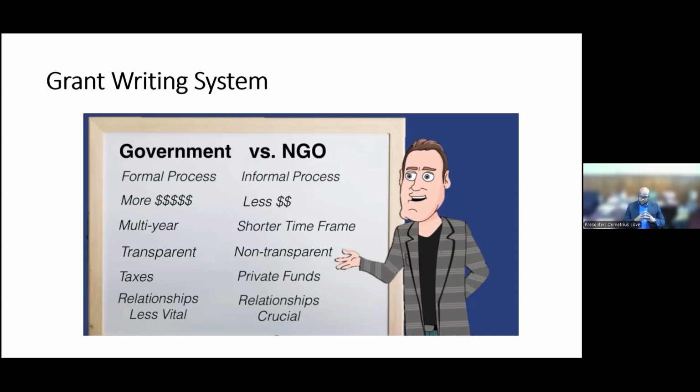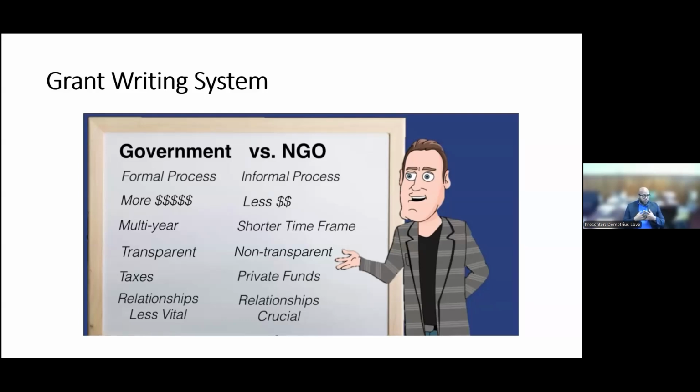That's because the government is very transparent. But when you're dealing with the private sector, they have a lot more say-so in how they want to handle their grants, so it may not be as transparent. Government is funded by our taxes, and non-government organizations are funded by private funds.